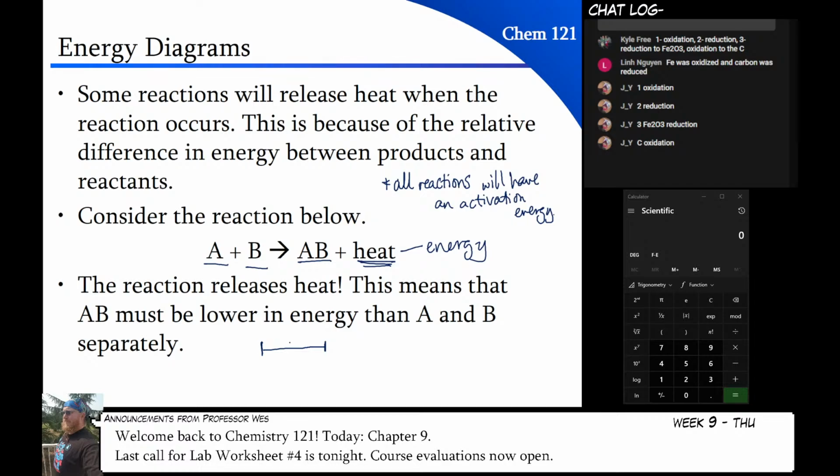Well, here's how much energy A and B have individually. Putting them together, I get AB, and then this would be, oops, sorry, it should be equal. This is the heat that is released. And so this heat is released, it's no longer in the reaction, and this is how much energy we have left. So let's just plot that on the y-axis.